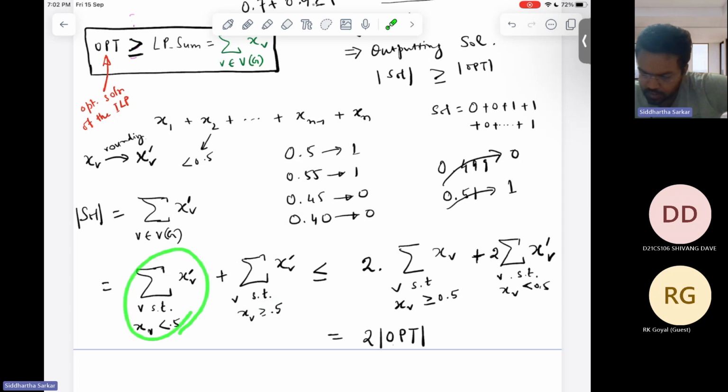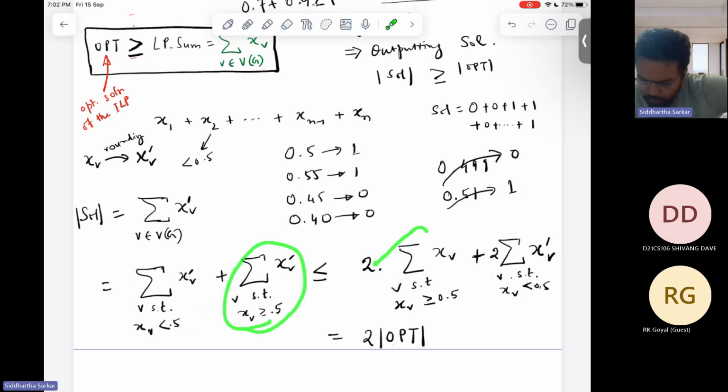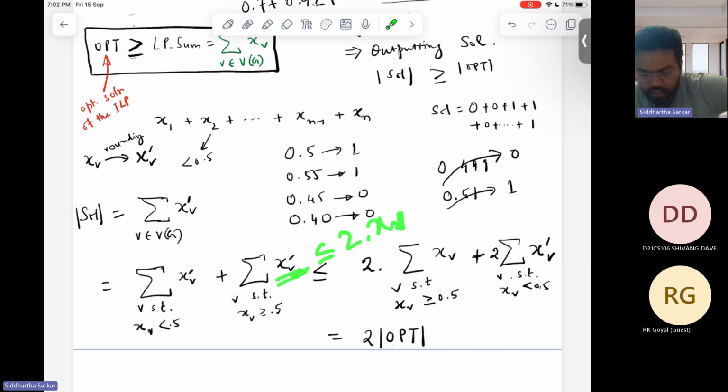This part remains as it is, and this part we are upper bounding by 2 times xv, and we can do that because x dash v is at most 2 times xv for every vertex whose value is 0.5 or more. That is why this inequality holds true. Now if you take 2 common, then this summation of, okay, one more thing.